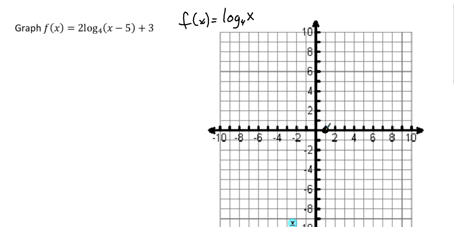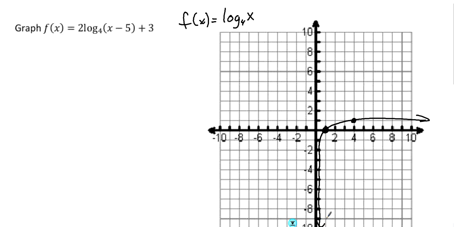And instead of having the point 1, whatever the base is, it will have whatever the base is and then 1, so 4, 1. And instead of having a horizontal asymptote, it will have a vertical asymptote. So basically, the parent function for the log base 4 is going to look like that.